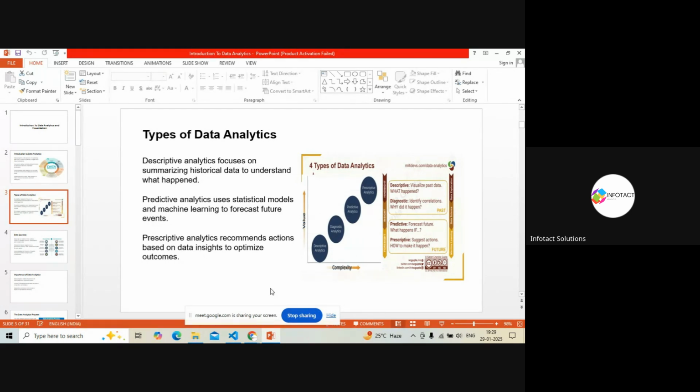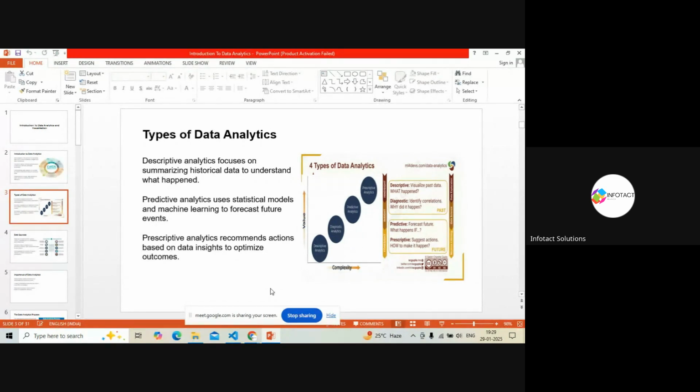Common examples are personalized product recommendation, optimizing supply chain logistics for cost efficiency, and dynamic price modeling. Each type of data analytics, either descriptive, diagnostic, predictive, or prescriptive, plays a crucial role in data-driven decision making, and organizations often combine these analytics techniques to gain deeper insights and improve business performance.